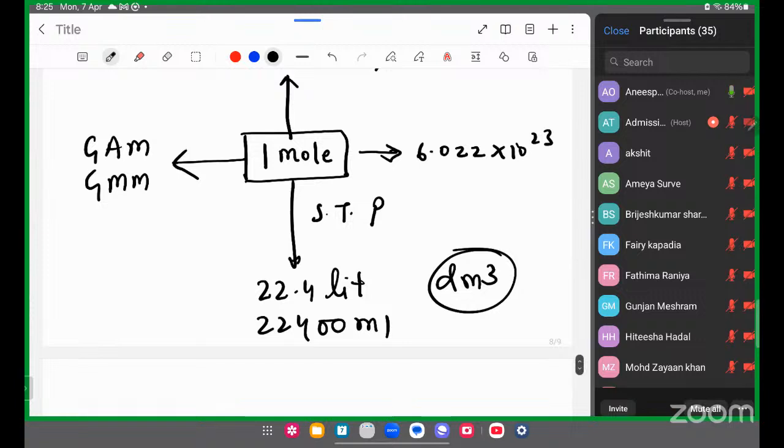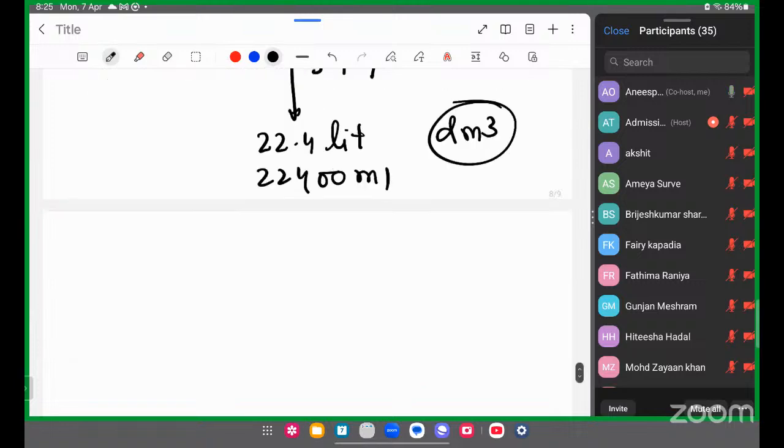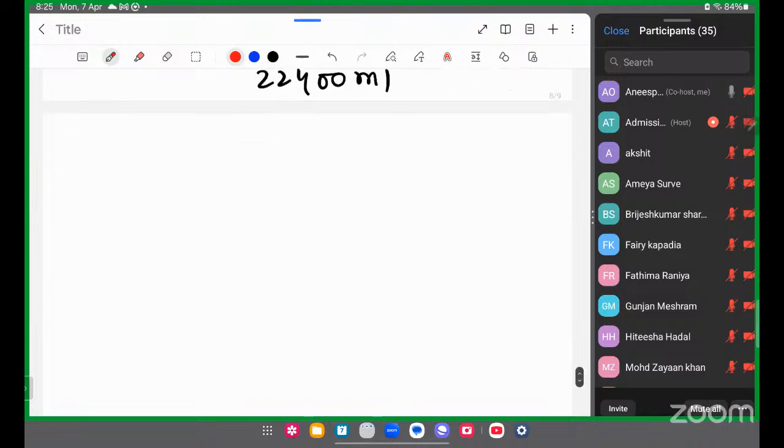So 1 mole of any gas at STP will have 22.4 liter, which means if I have 1 mole of oxygen at STP, 1 mole of hydrogen at STP, and 1 mole of helium at STP, all the gases will have the same volume, that is 22.4 liter. Are you getting it or any doubt? Yes?